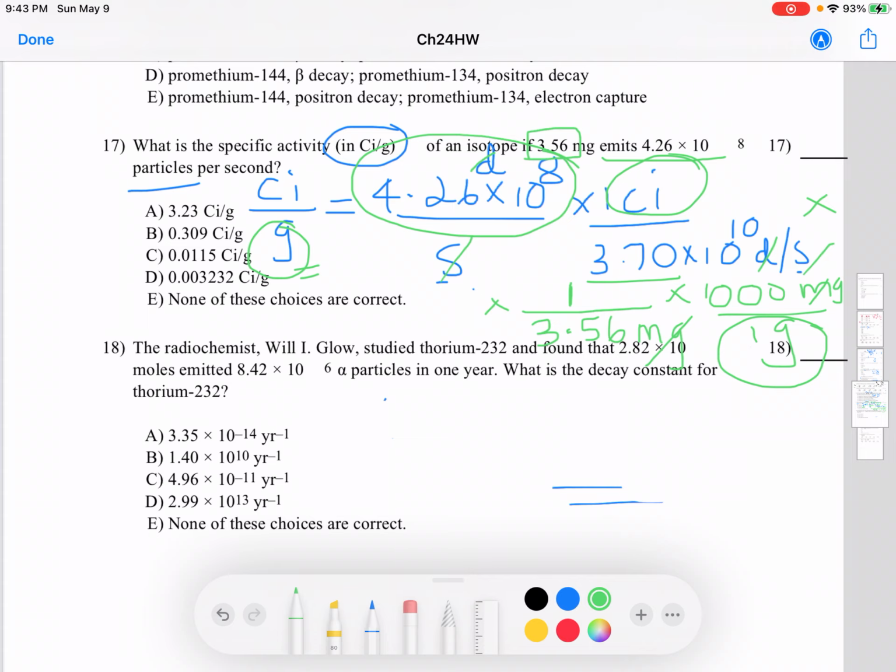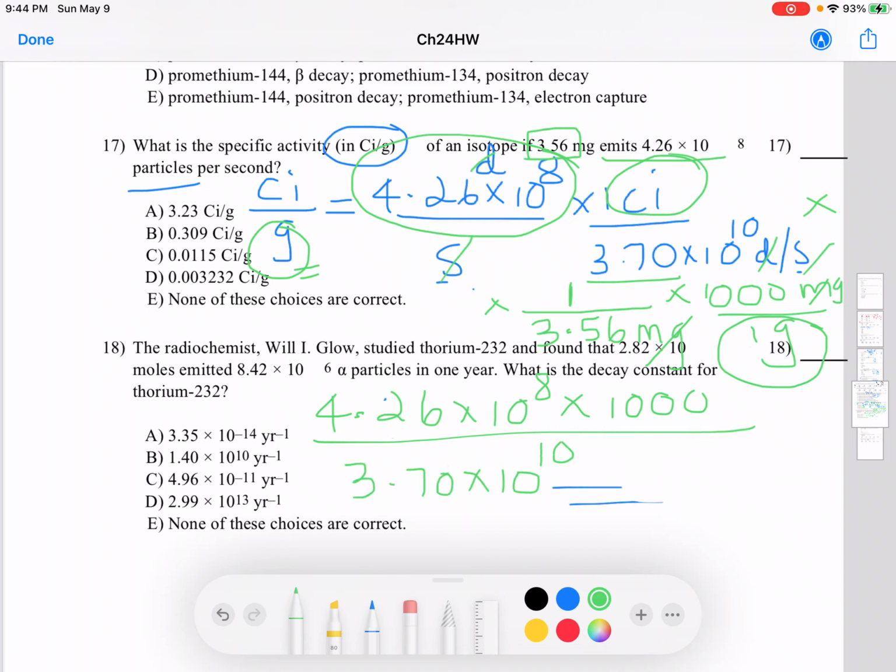Okay, so your final calculation involves 4.26 times 10 to the power 8 times 1000, divided by 3.70 times 10 to the power 10 and 3.56.